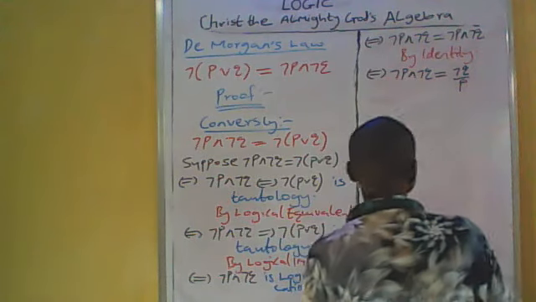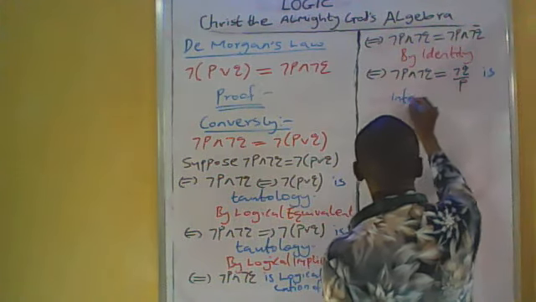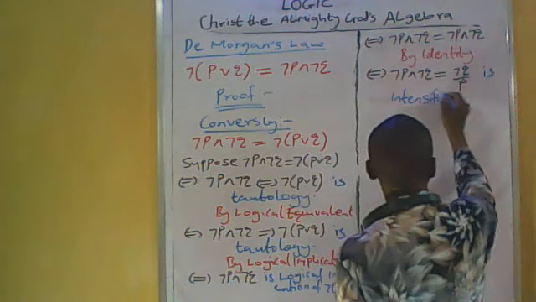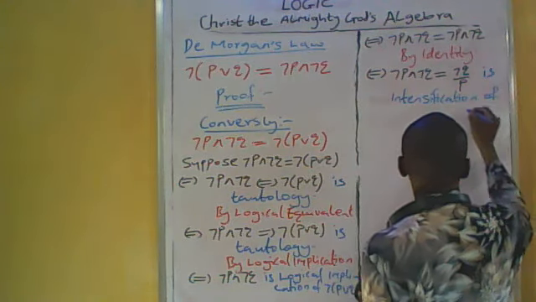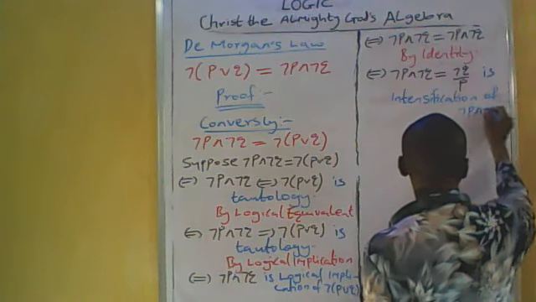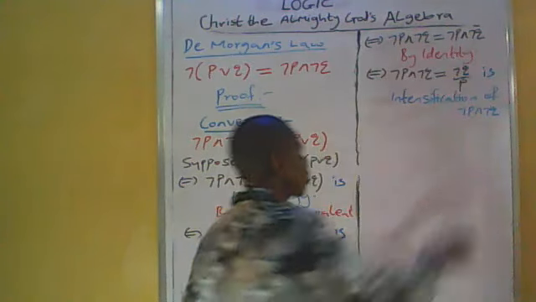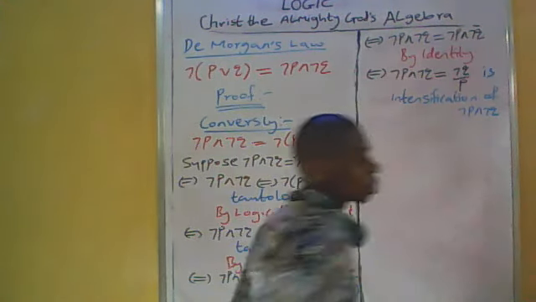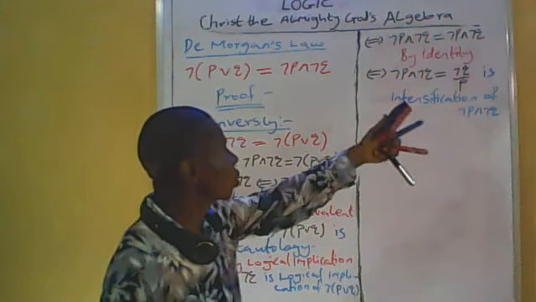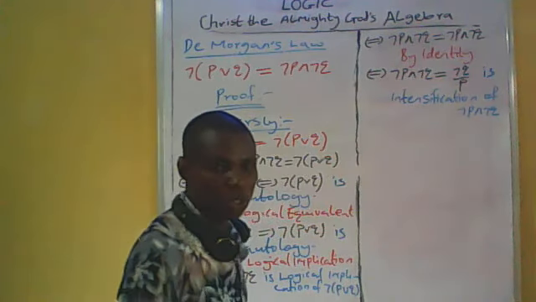So you say that it is intensification of not P and not Q, being justified because it's through the Christ Almighty God's grace that we transformed this not P and not Q to a conditional statement.